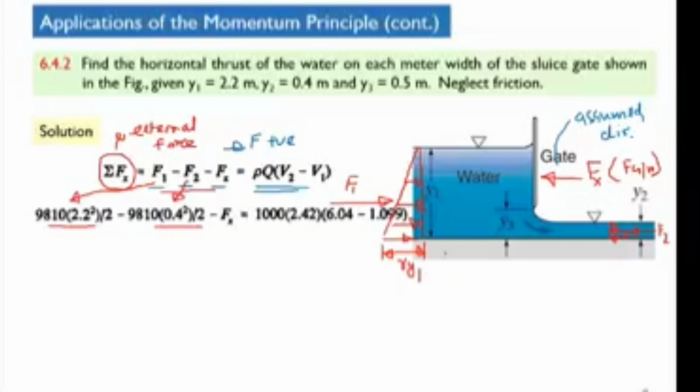Just like you remember in the hydrostatic pressure distribution diagram, if this is H, then this will be equal to gamma H. Clear? So this is equal to gamma Y1.